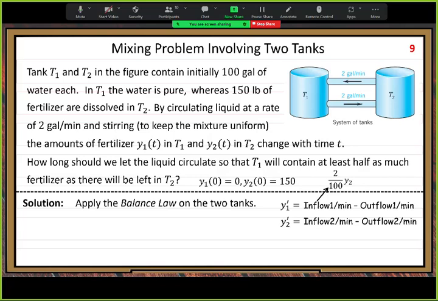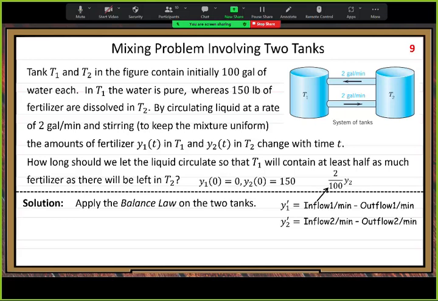Let's use 1 minute. In 1 minute, let's assume uniform mixture, okay? 2 gallons of uniform mixture from tank 2 flows into tank 1.